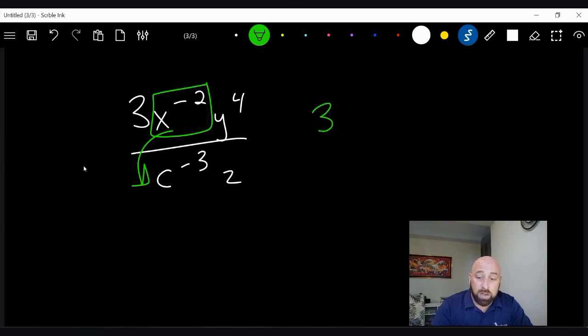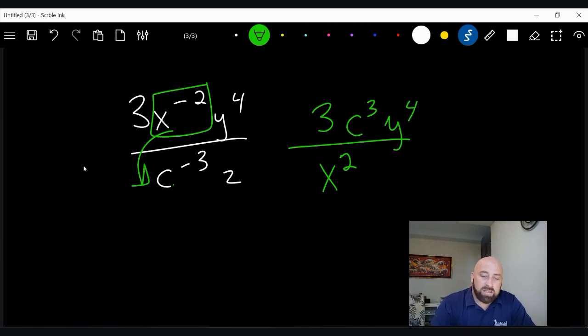Let's leave the 3 up there. Let's flip the x to the bottom, so it's going to be x squared. The c to the negative 3 has to come up to the top, and so that's going to be c cubed up top. The y to the 4th gets to stay. Why does it get to stay? Because it's already positive. And the z gets to stay because it's already positive.